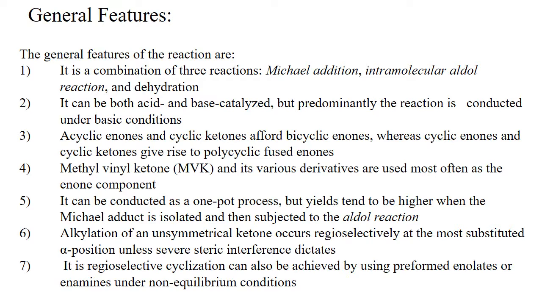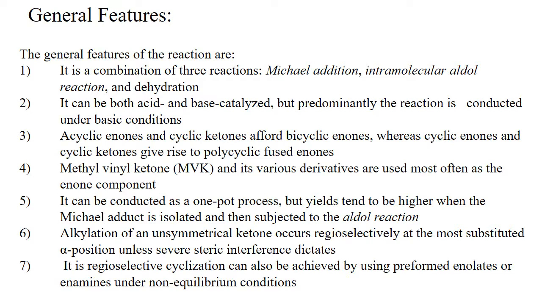So which carbonyl from the dicarbonyl system is converted to the enolate? Remember, that must be the less hindered carbonyl group. The less hindered carbonyl group will be converted to the enolate and then it attacks the more substituted carbonyl group to afford an aldol product.